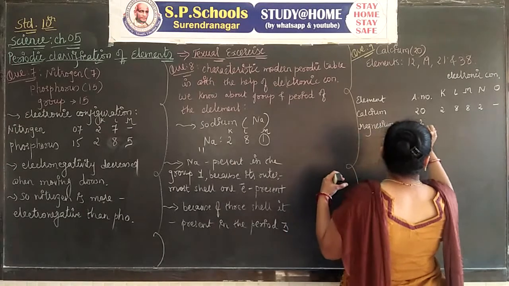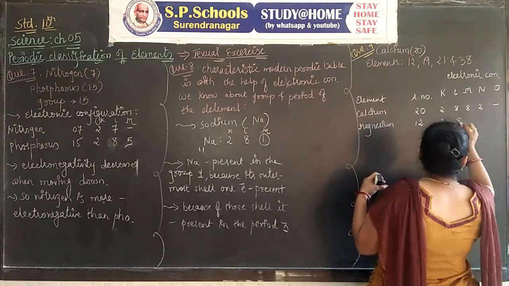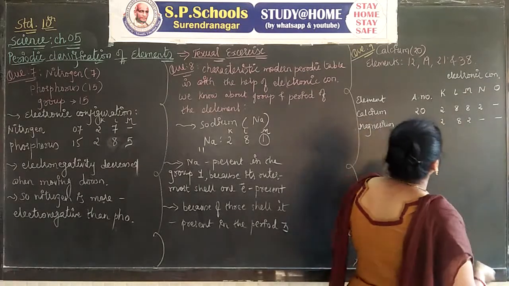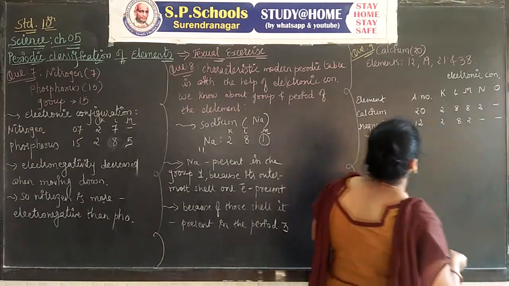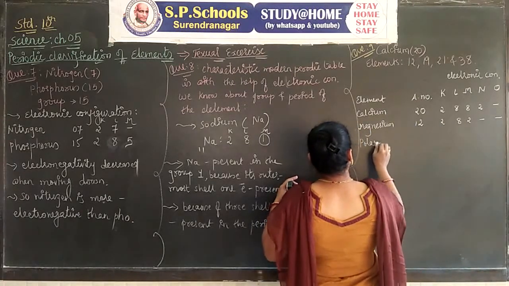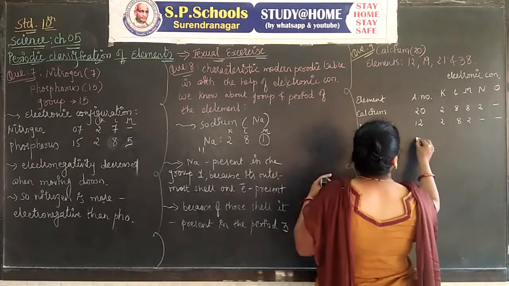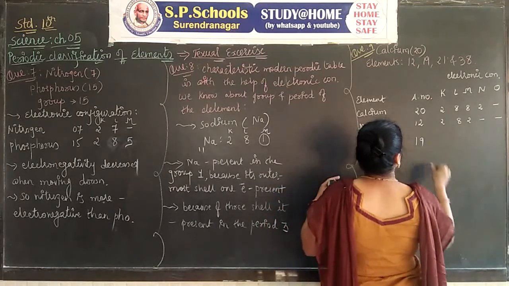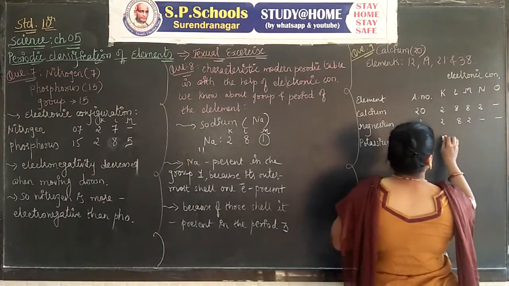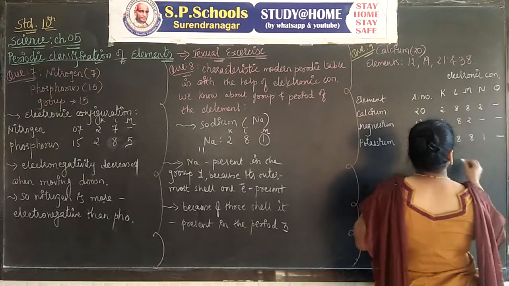The electronic configuration 2, 8, 2. Then we already know 19 will be potassium. The electronic configuration of potassium is 2, 8, 8, 1.